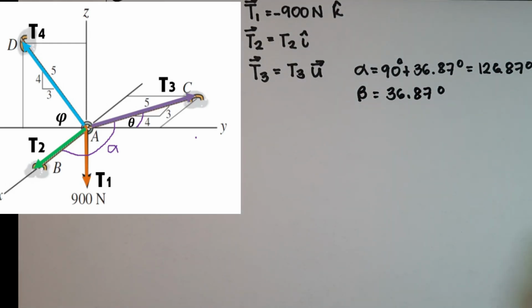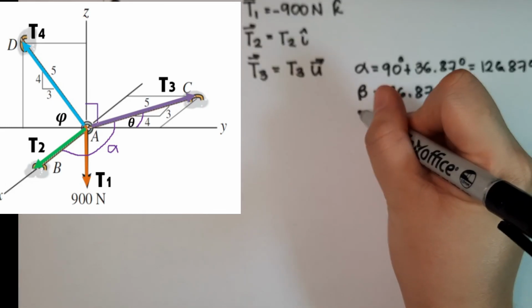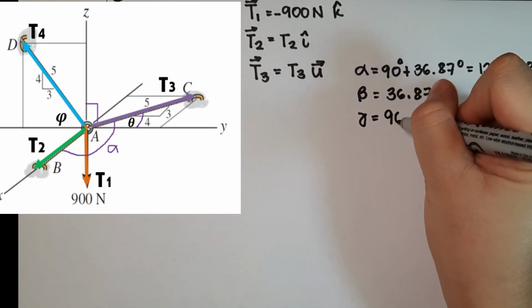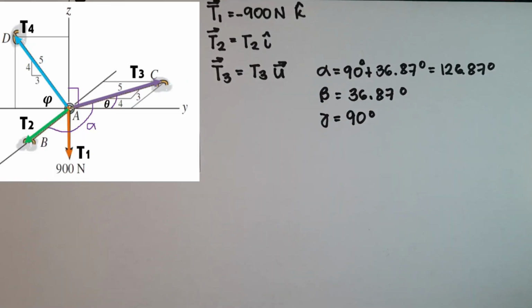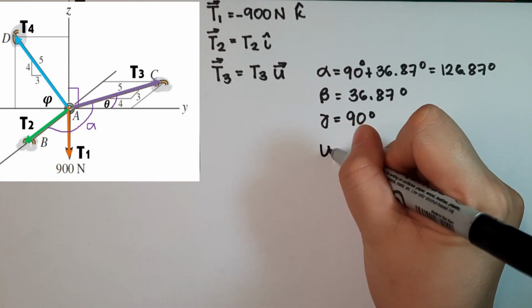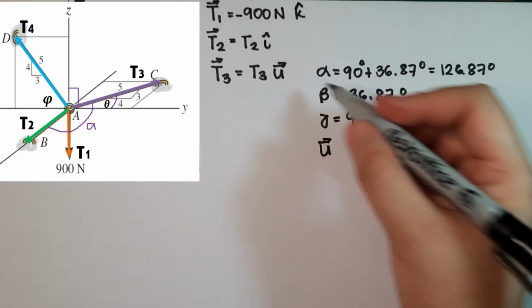While gamma is this one, from positive z going to our vector, that is 90 degrees.